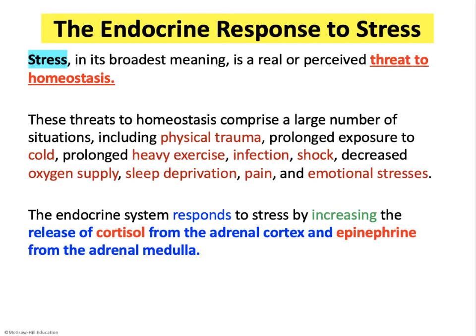Irrespective of the underlying cause of the stress, the body reacts to stress in a simple manner. It increases the release of cortisol from the adrenal cortex and epinephrine from the adrenal medulla. So the adrenal gland is the primary focus of all this stress, and its responsibility is to protect the body from whatever the cause of the stress is.